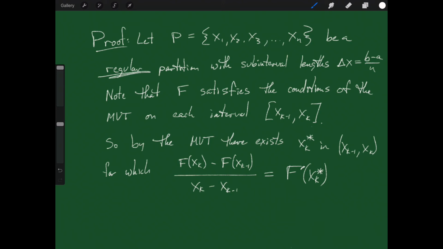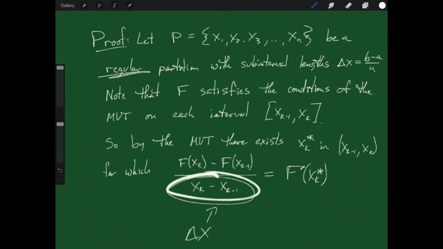But another way that I could write this, notice what this guy is. x sub k minus x sub k minus 1, it's the length of one of the little partition intervals. In other words, this guy is really what we're calling delta x. So this thing on the bottom, that's delta x.